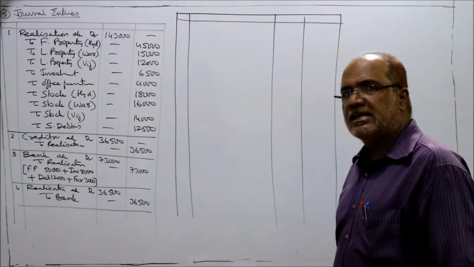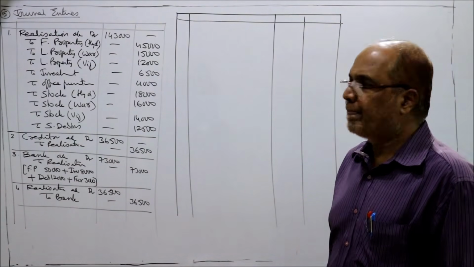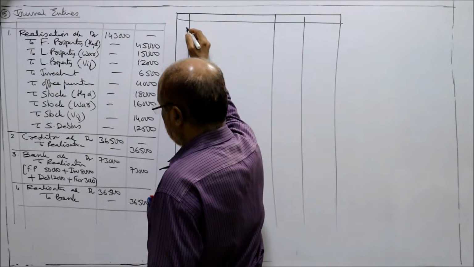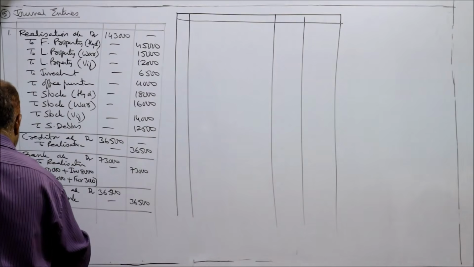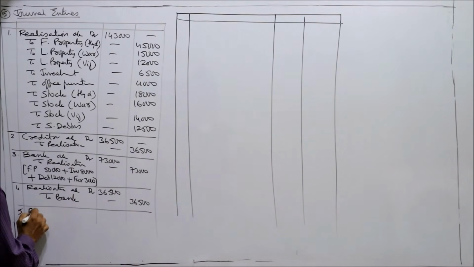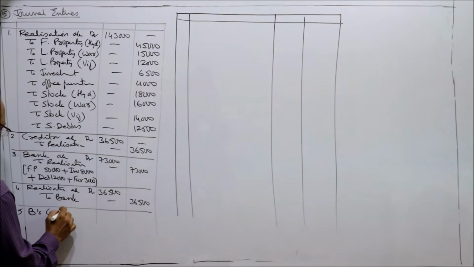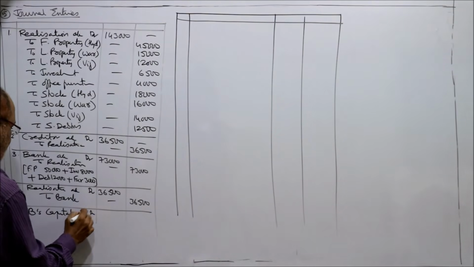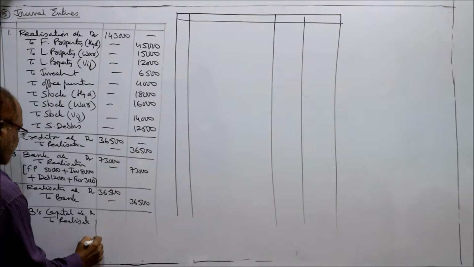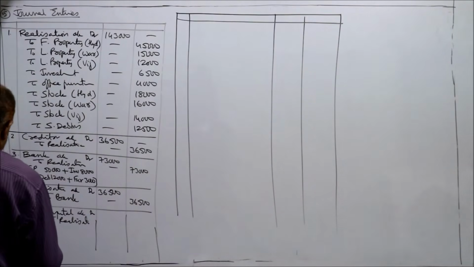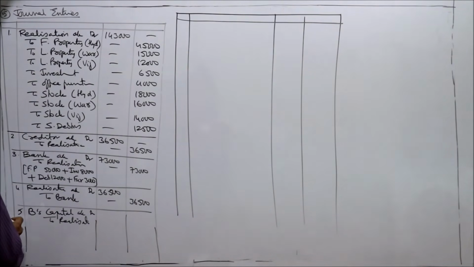Next, some assets are taken over by B. B's capital account debit to realization, the fourth entry. So what are the assets taken over by B?